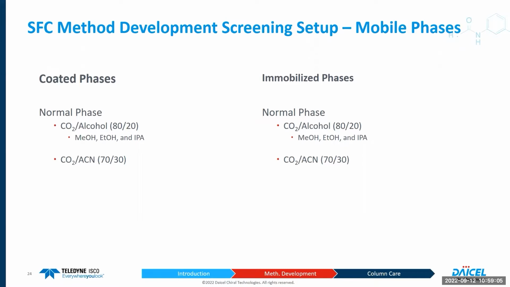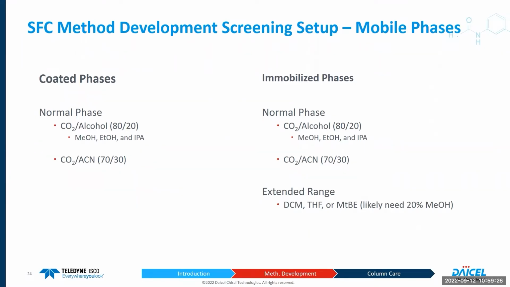For the coated phases as well as the immobilized columns, it's the same basic starting conditions. Additionally, for the immobilized columns, because they are resistant to some of those harsher organic solvents, we have what we'd call the extended range mobile phases, where you can do DCM, THF, or methyl tertiary butyl ether with CO2.